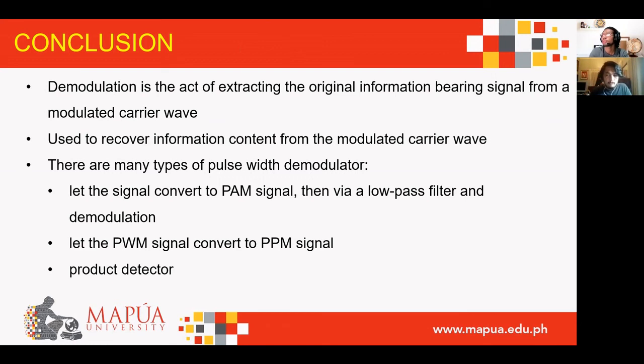If there are three consecutive PWM pulses close to each other, then input these pulses into the integrator and voltage threshold circuit. When the pulse appears, it will start to integrate and produce a ramp until the last pulse appears. The second type of PWM demodulation is to let the PWM signal convert to a PPM, or pulse position modulation, signal.